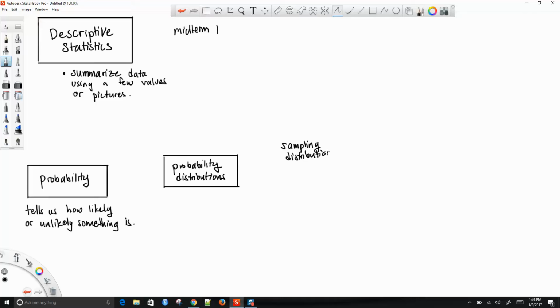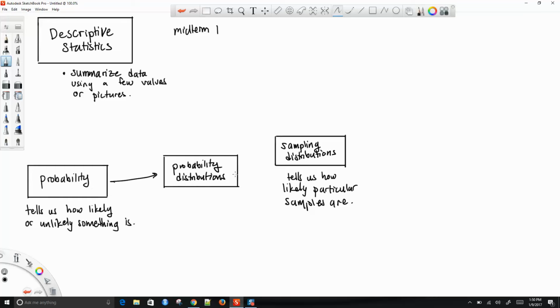With a sampling distribution, the concept is still very closely related to probability, but this will tell us how likely or unlikely certain samples of data are. That's coming in through the probability side, and that will take us through midterm 2.